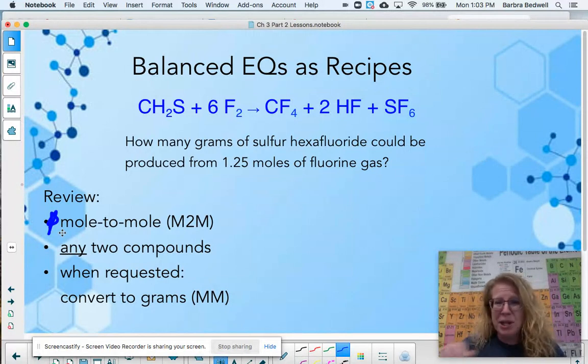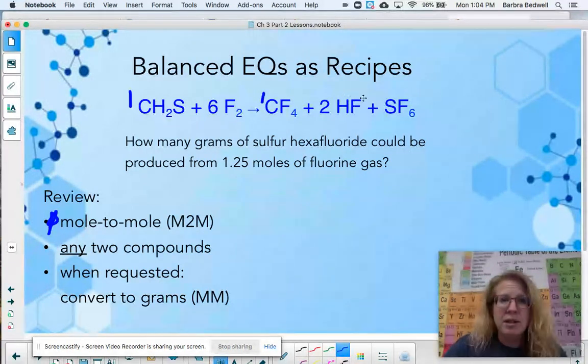So this particular balanced chemical equation would be CH2S plus 6 fluorine gas produces 1 carbon tetrafluoride, 2 hydrofluoric acid, and 1 sulfur hexafluoride.